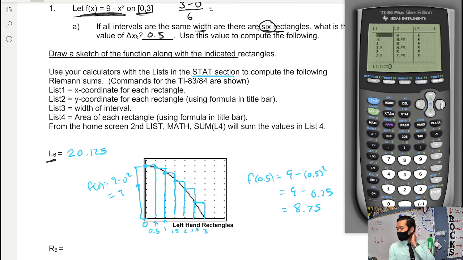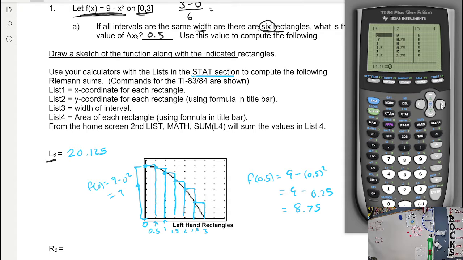All right, let's go through it one at a time. What do you have for L1? 0, 0.5, 1, 1.5, 2, and 2.5. Perfect, that's good.